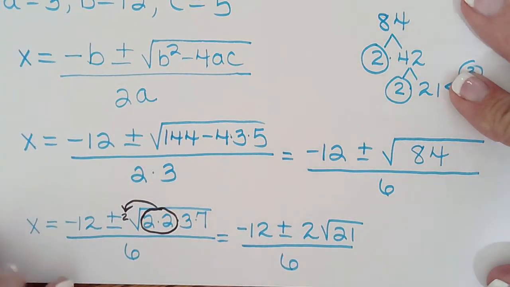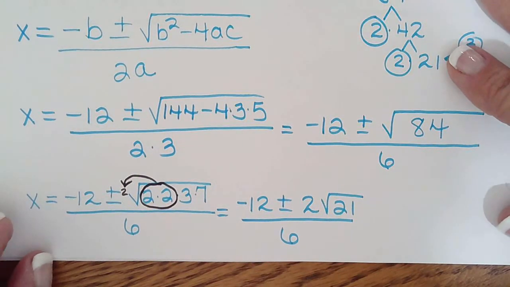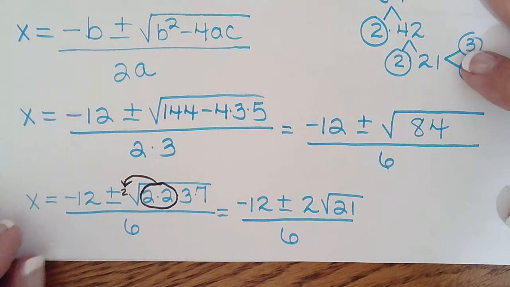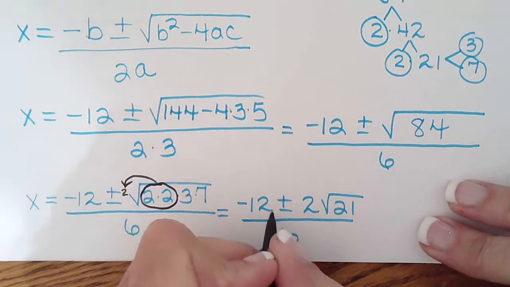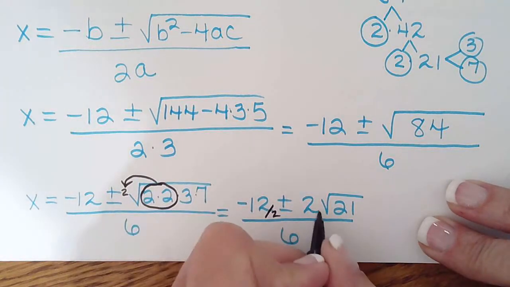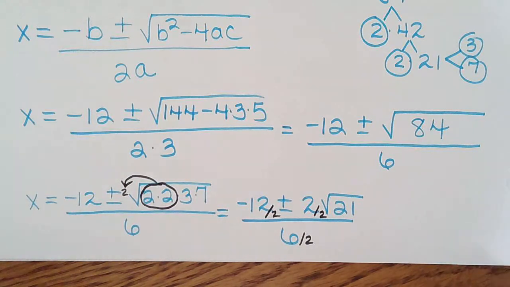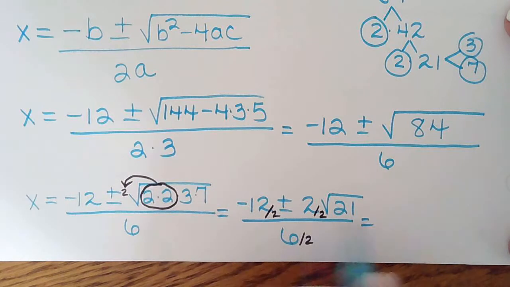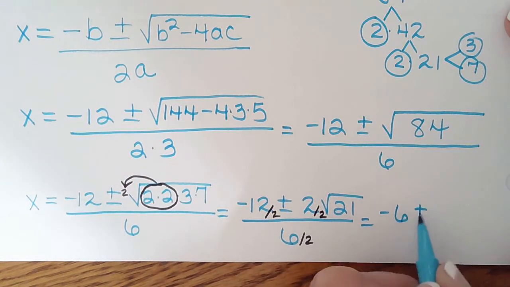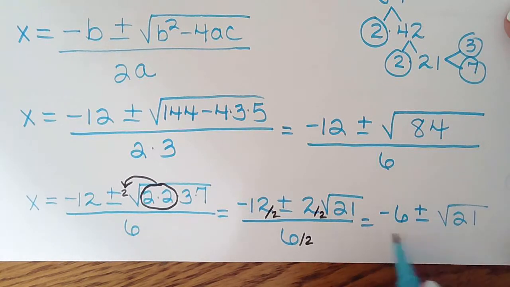So now you have to ask yourself the question, does that simplify? Or a better question, is there a GCF? Yes, 2 is common. So do as I said so you don't accidentally just cancel 2 of them. If it's common, you take it out of every single term. So that's going to look like -6 plus or minus 1 radical 21, which is just radical 21, all over 3.